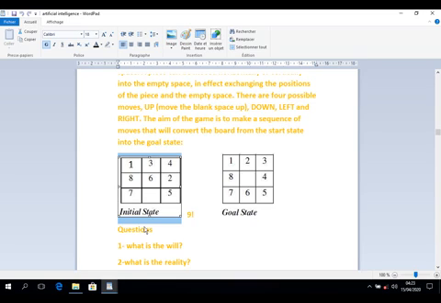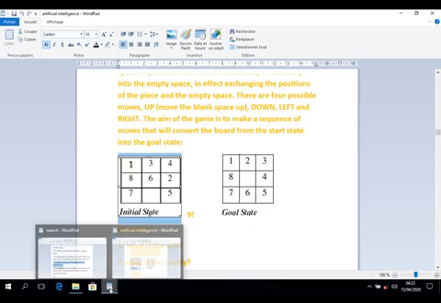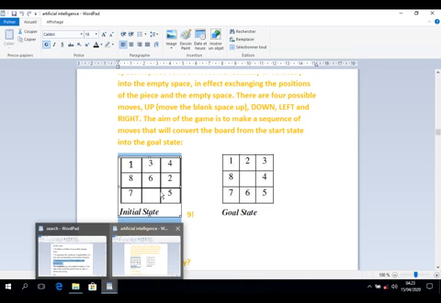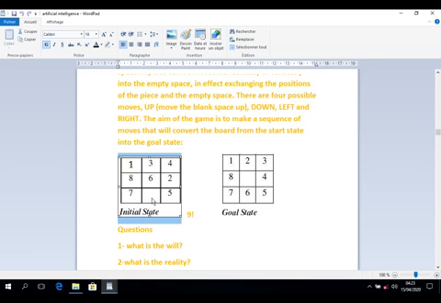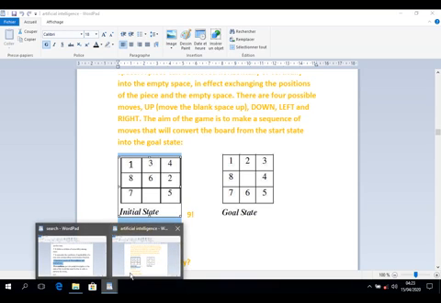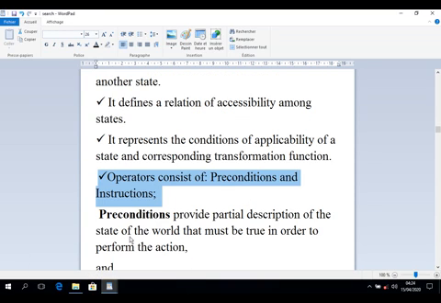For example, to perform the down action in this problem, the empty space should be either on the first row or on the second row.